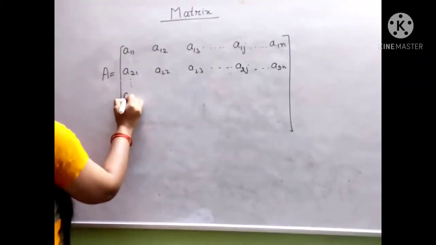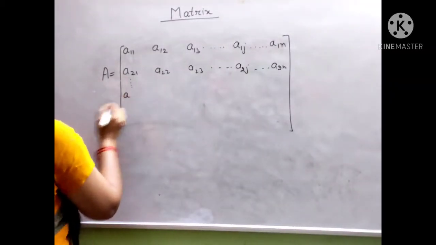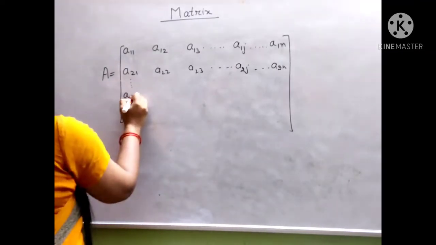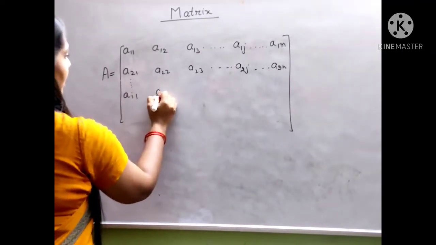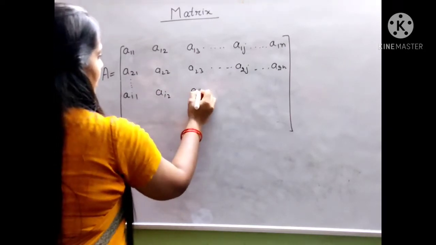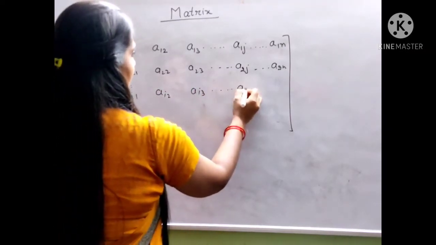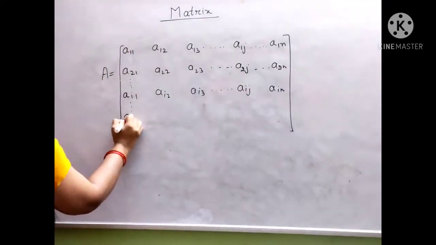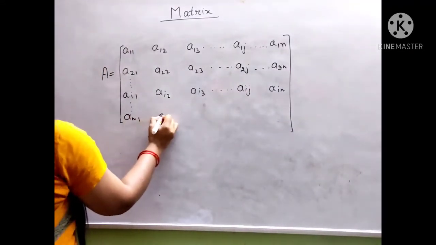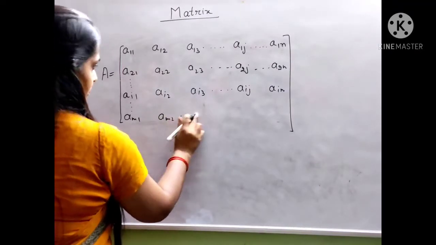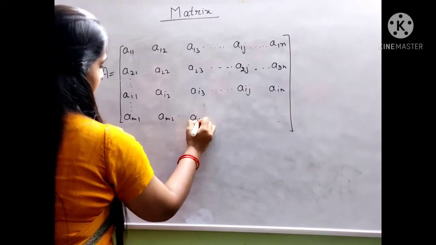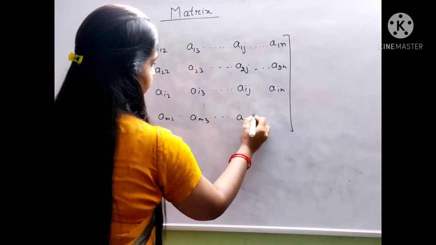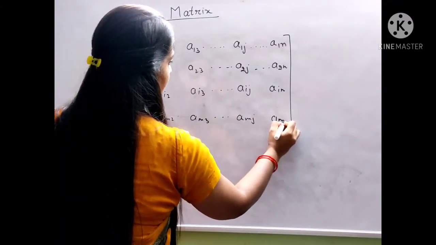In the same way, we can write ai1, ai2, ai3, aij, ain, or am1, am2, am3, amj, and amn.